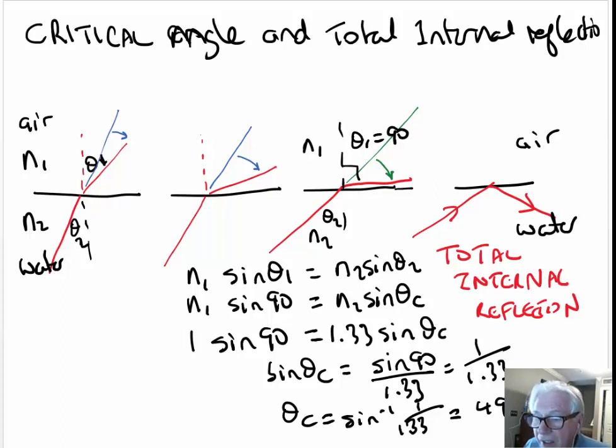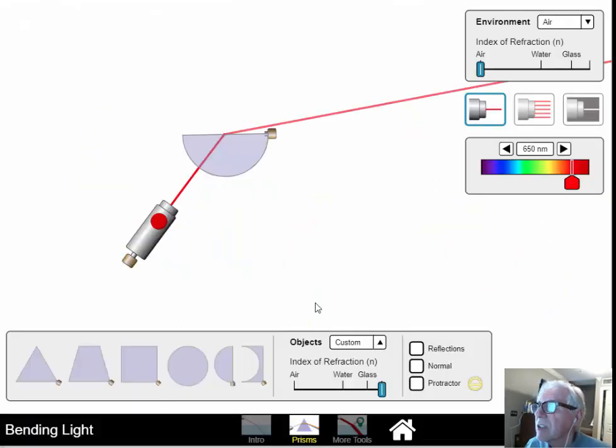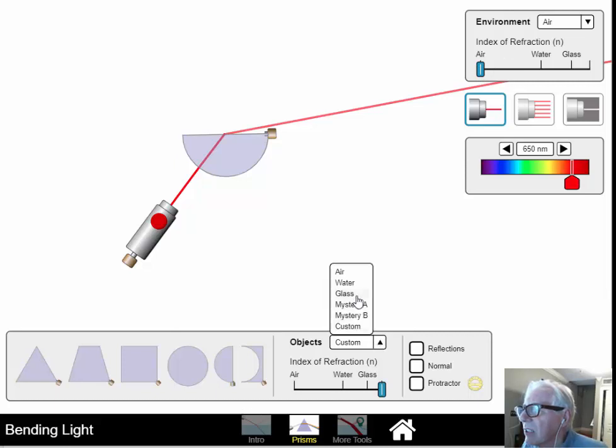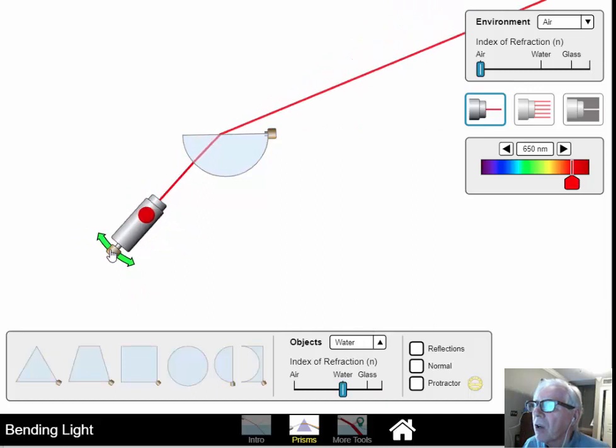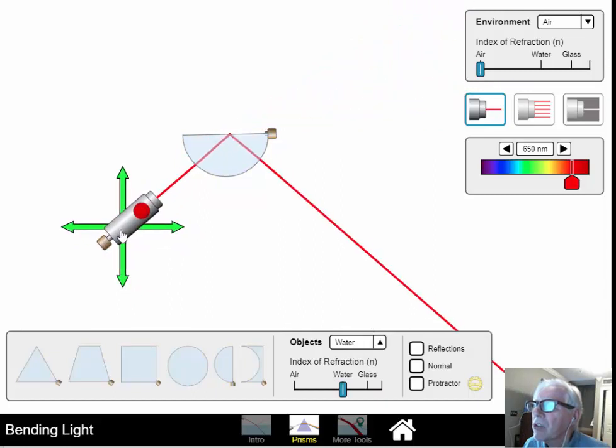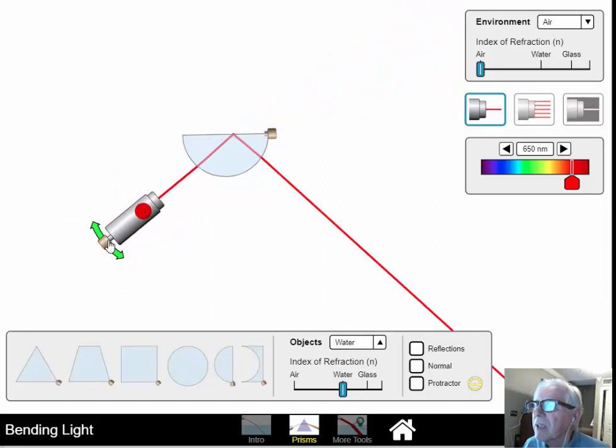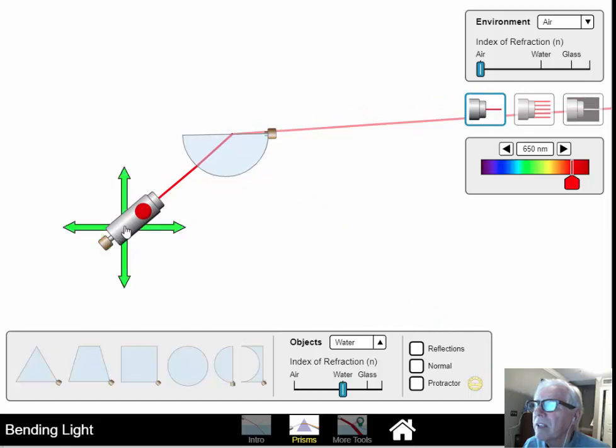Now let's go back and let's have a quick look at this. So I have refractive index of the environment is air, and the refractive index is going to be water. And then I come along and I'm going to try and find that angle. Whoa, it's right there, isn't it?